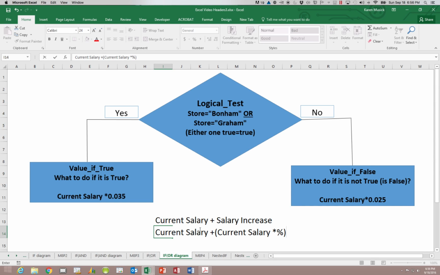So we're going to use that information and come up with how to calculate.